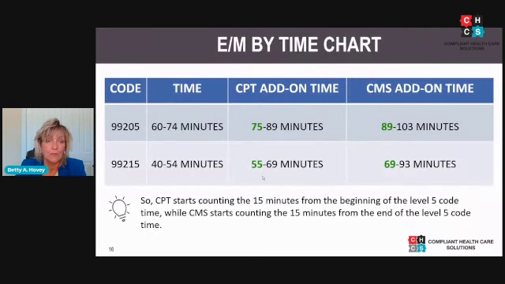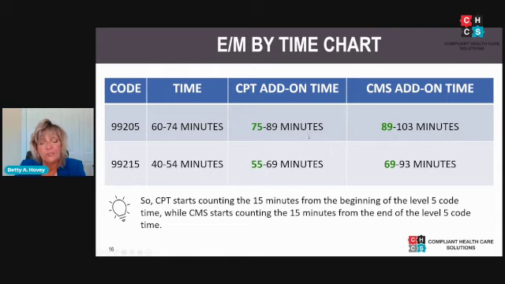Once again, I made a little chart here to look at. Your 99205 is for 60 to 74 minutes, that's the range. The CPT add-on time is 75 to 89 minutes for the 99417, where CMS's add-on time for the 99417 is 89 to 103.